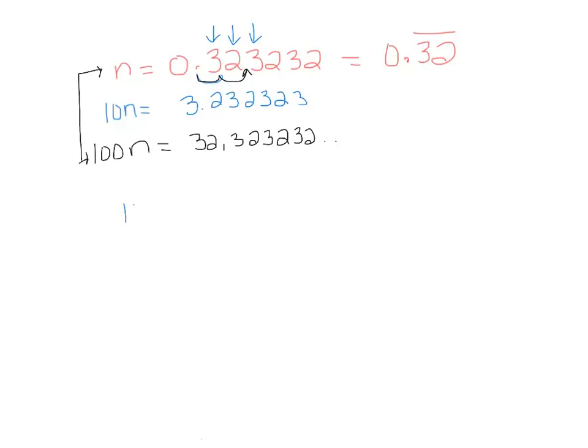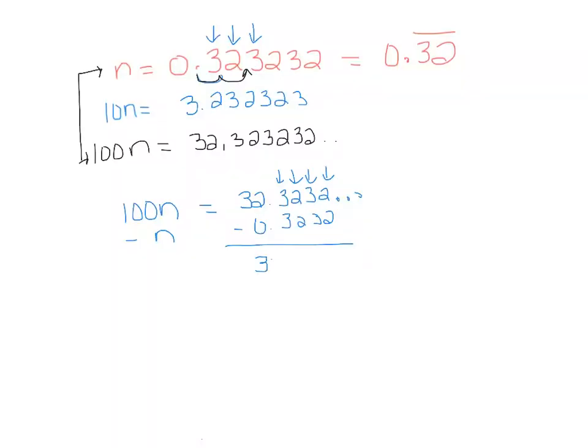So if I subtracted 100n minus n in decimal world, I'd get 32.3232 repeating minus n, which is just 0.32 repeating. I can see in every place value when I subtract, I'm going to get 0 in my decimal place values. So on the right-hand side, I'm just really going to be left with 32 minus 0, which is 32.